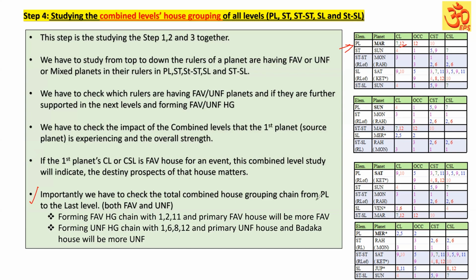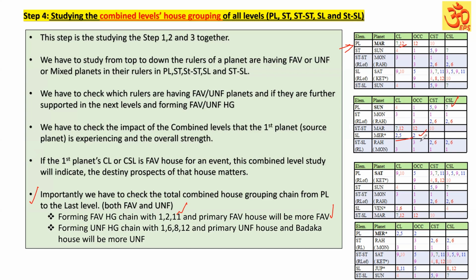Forming a favorable house grouping chain with houses 1 to 11 and the primary favorable house will be more favorable. For example, you can see this planet is the 7 sublord. It is having that favorable grouping with 1. But if along with that 1, 2 is also there, 11 is also there, it is going to be very good, because that will form a house grouping along with the 11th house. That is always important. The sublord, of course, is having 2 and 2. It is very good.